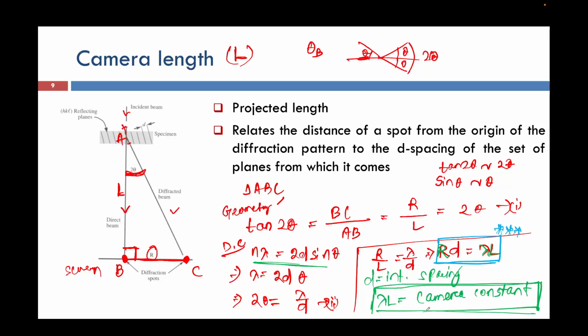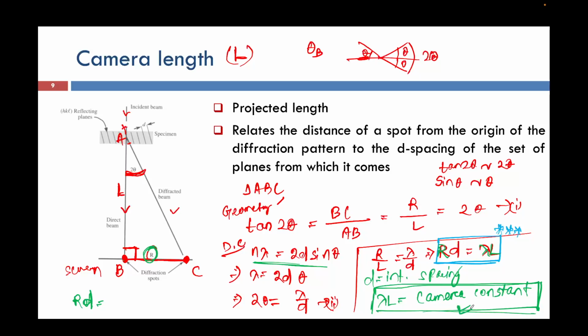So if I have to calculate the value of R, then I know that Rd for my transmission electron microscope will always be constant. The operator will always give you the value of the camera constant.